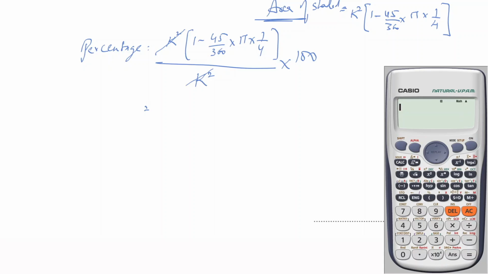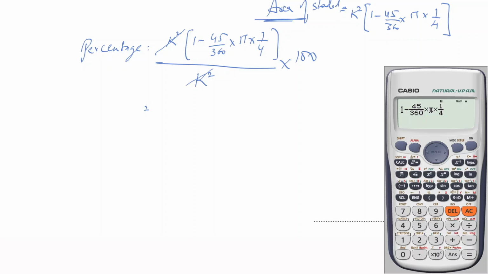So we can write 1 minus 45 by 360, then times pi times 1 by 4.